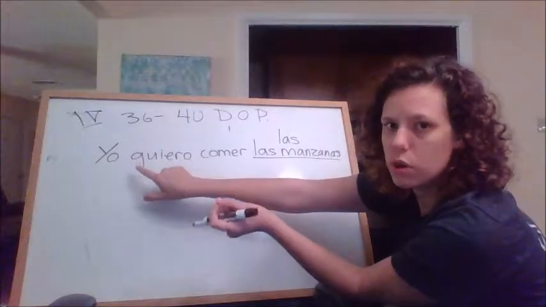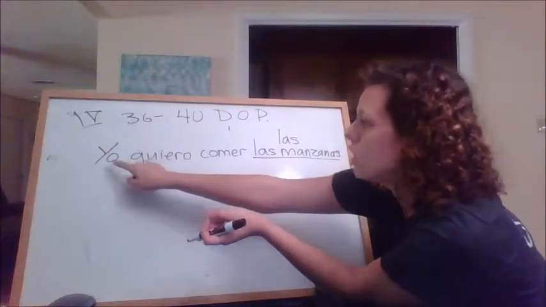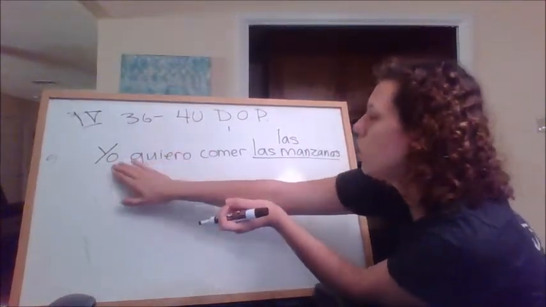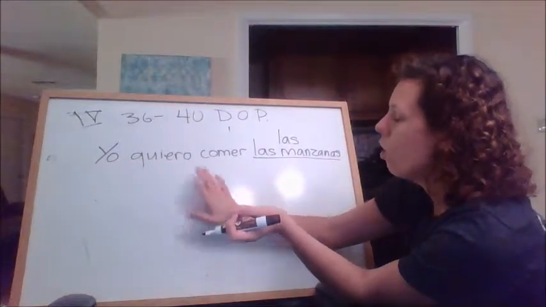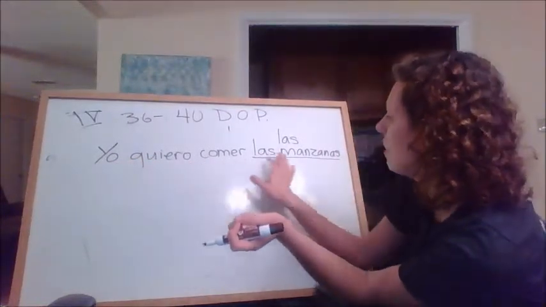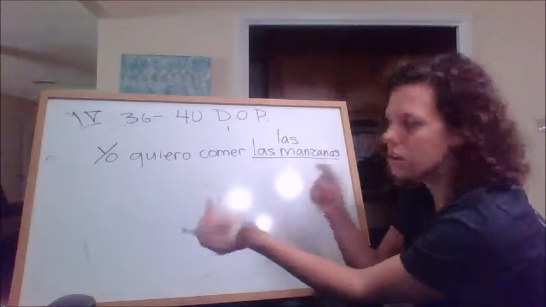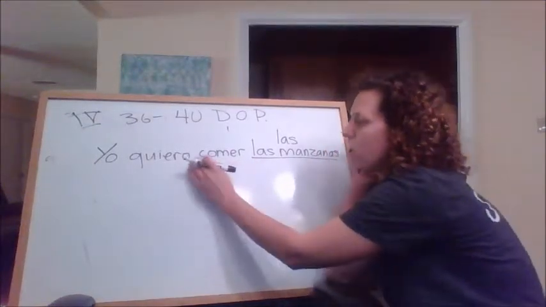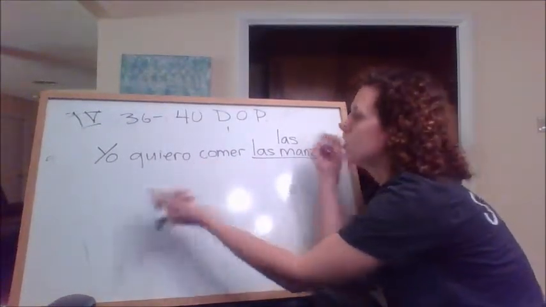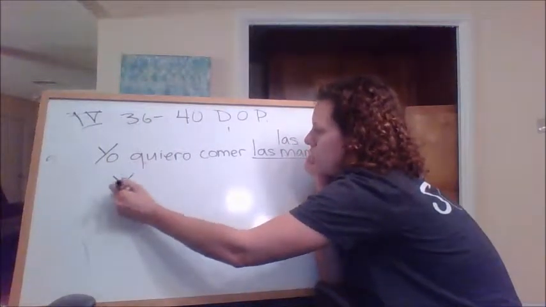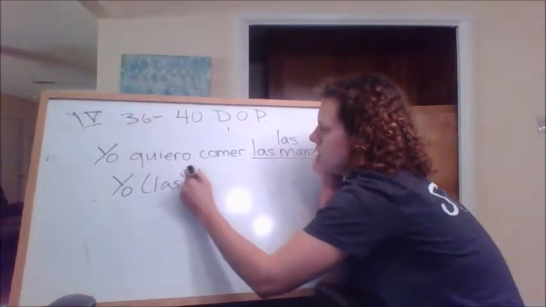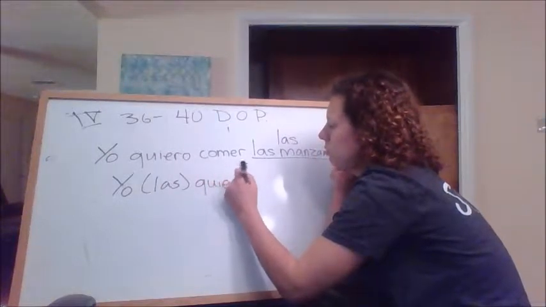So you have an option where you can put your pronoun. You can either say yo las quiero comer, or you can say yo quiero comerlas. Either one is fine. It just can't go right here, okay? So you would say yo las quiero comer.